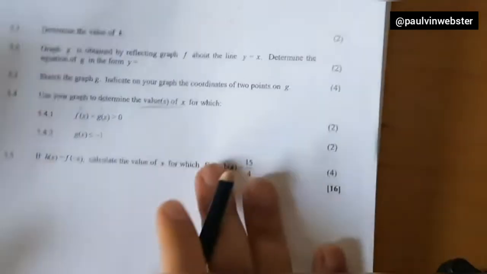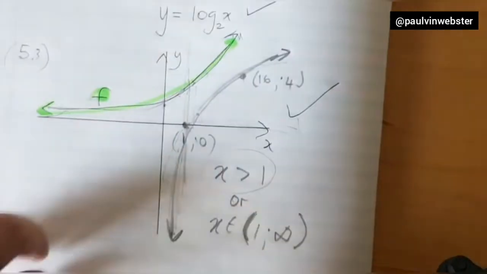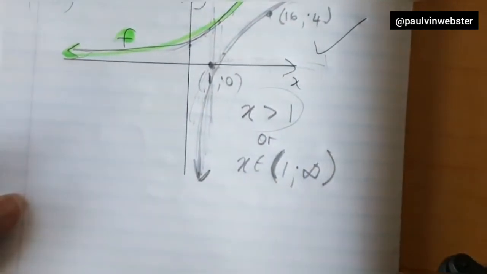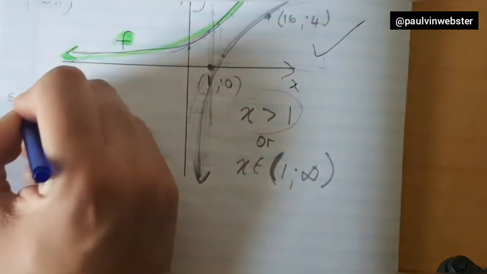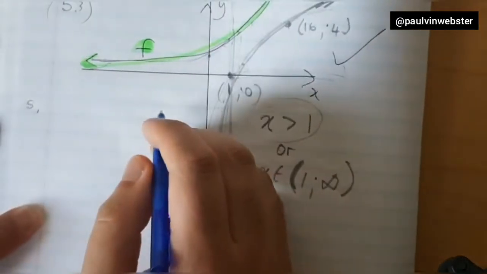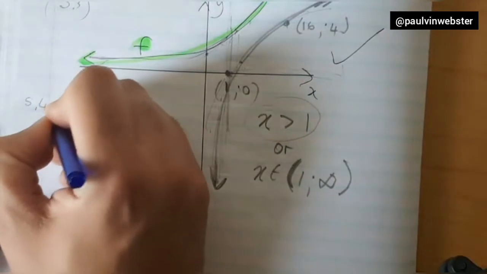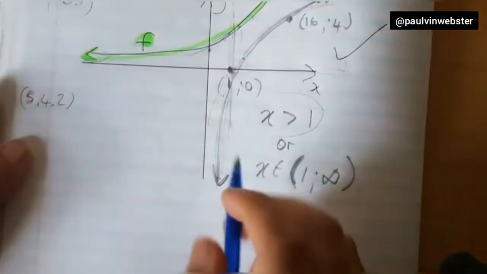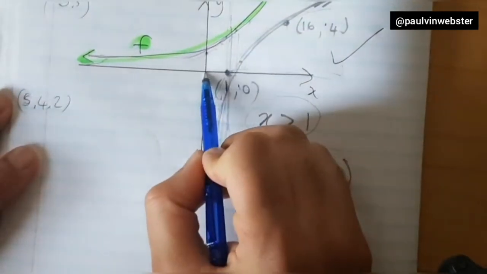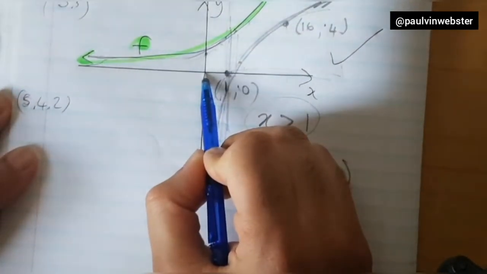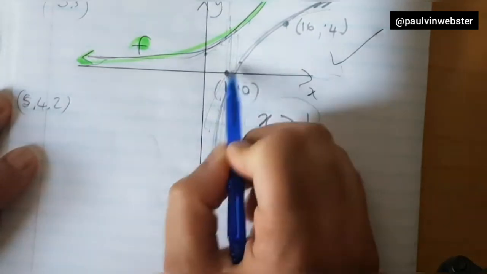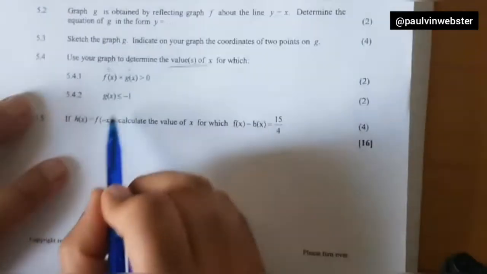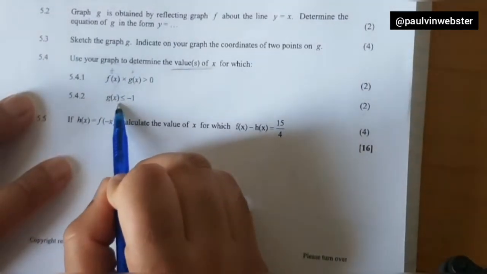Let me write here for 5.4.2. It's going to be somewhere between 0 and 1, but not 1 included. But now they are being very specific here, they say at y equal to -1.